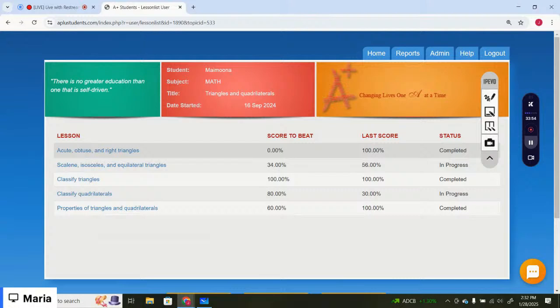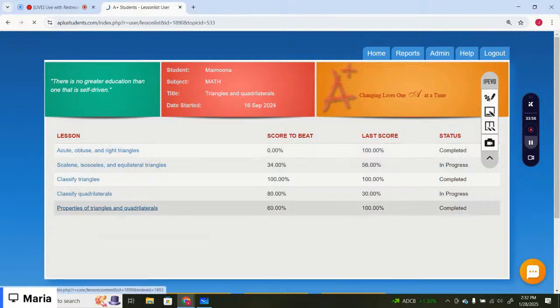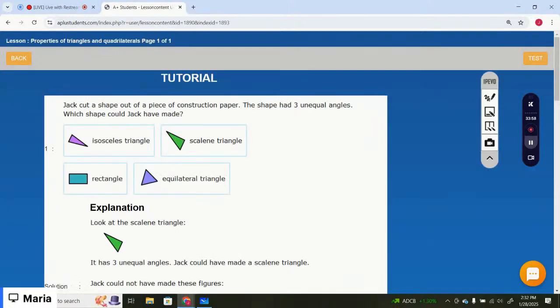Properties of triangles and quadrilaterals. Okay, let's just start with the test questions.